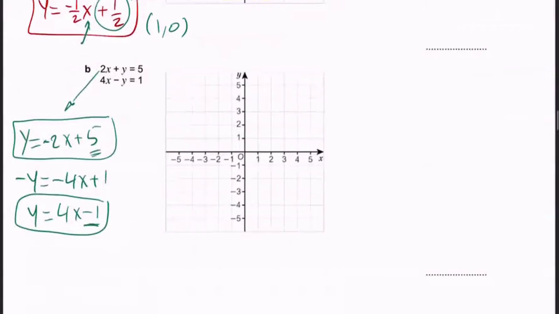First line, y-intercept at 5 here, okay? And I will put x equals 1, -2 times 1 is -2 plus 5 is 3. So 1 and 3 here, this point. Okay, let us connect them.